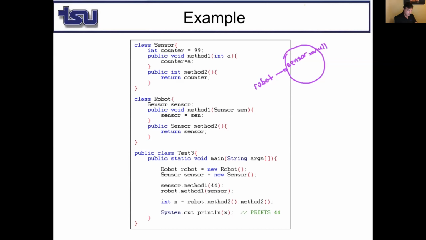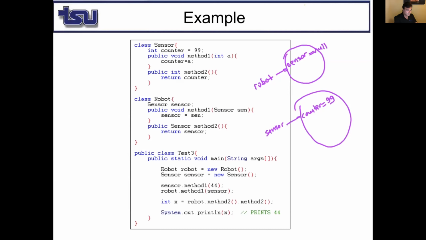Then I create an object of sensor class. I allocate memory space, in which I have something called counter, which is 99.